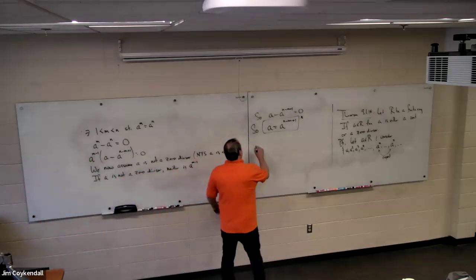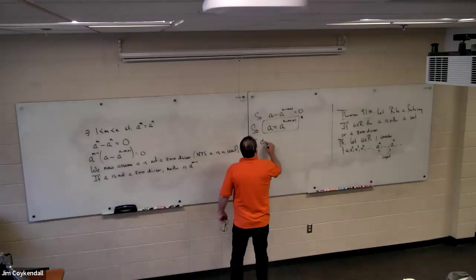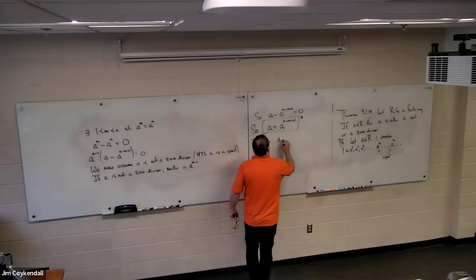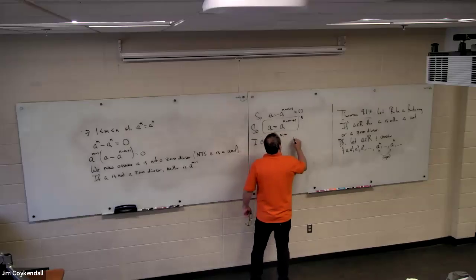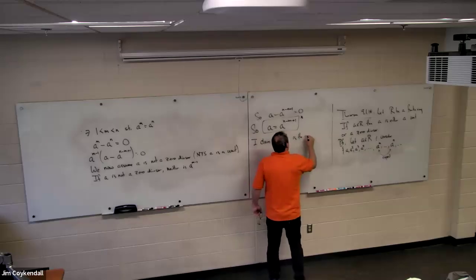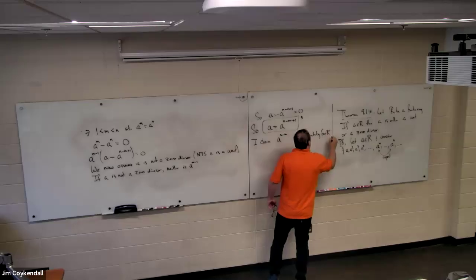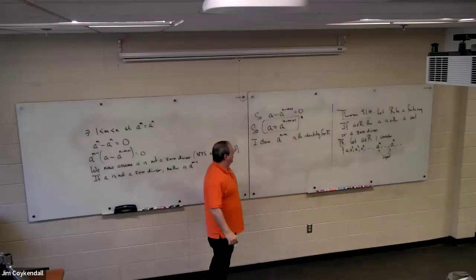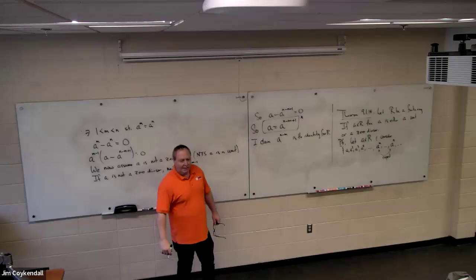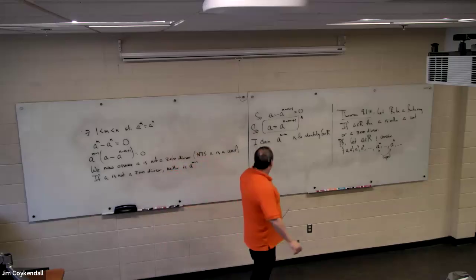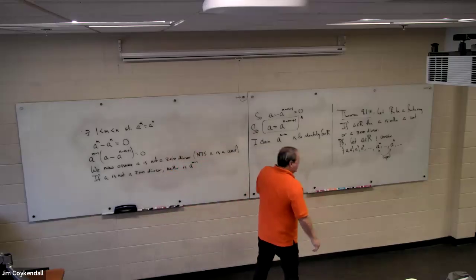Actually, A to the N minus M. Notice I didn't assume the identity is there, but I think this thing works as an identity since A is not a zero divisor. Let me prove this.